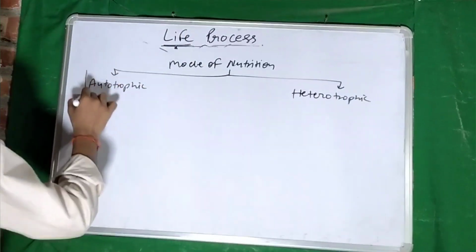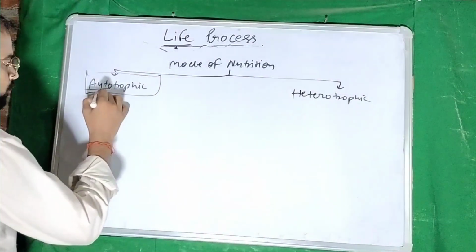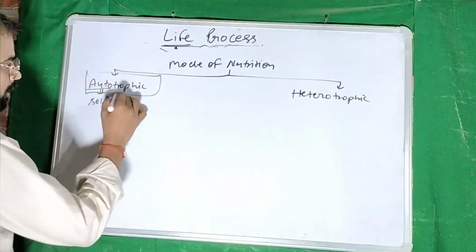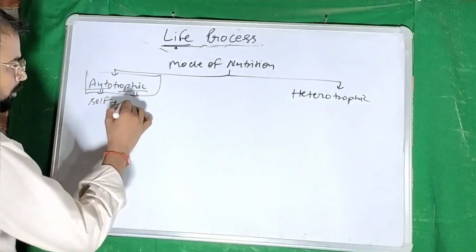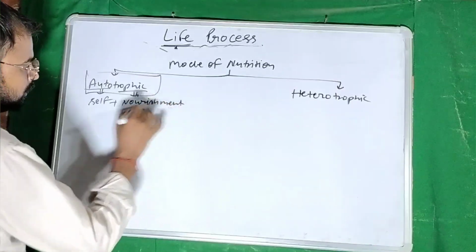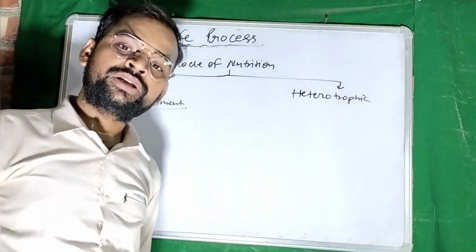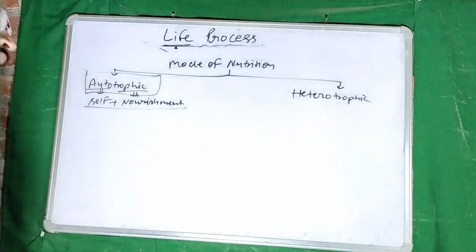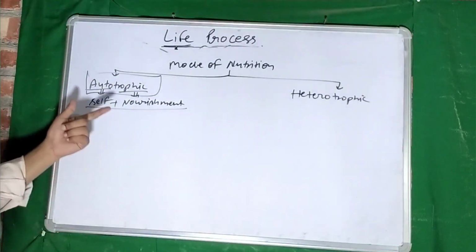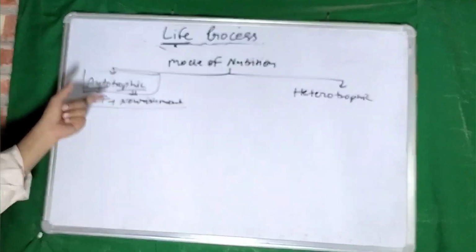Now we will discuss the autotrophic mode of nutrition. Auto means self, and trophic means nourishment. So what is the autotrophic mode of nutrition? The mode of nutrition in which organisms obtain their food by themselves.